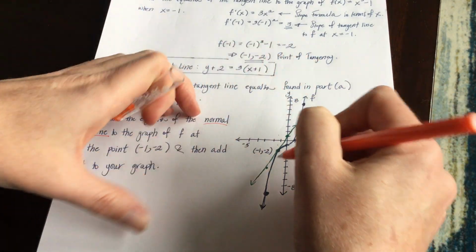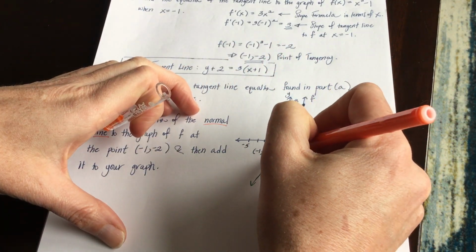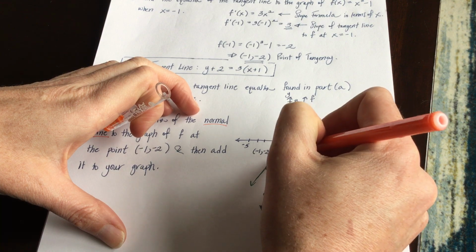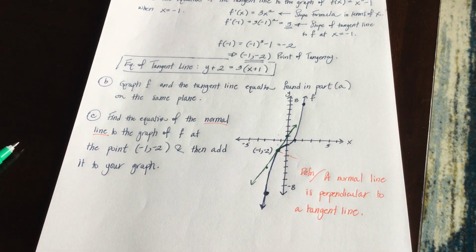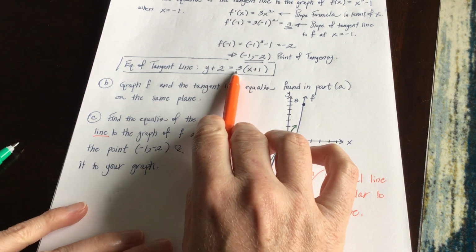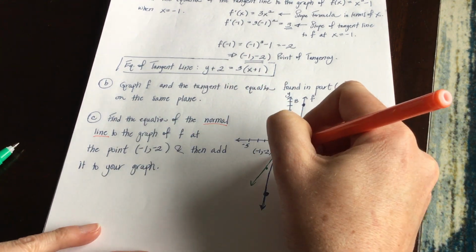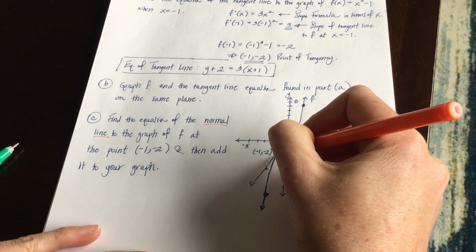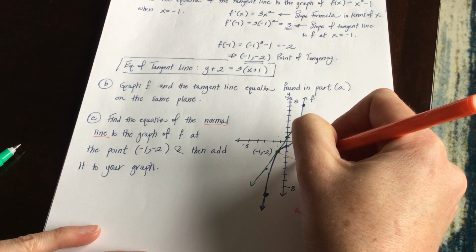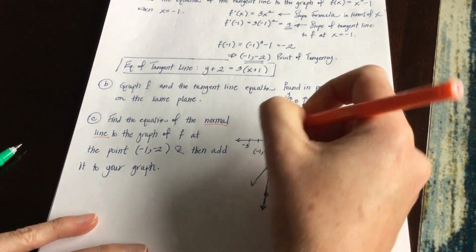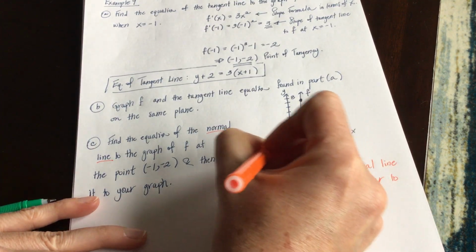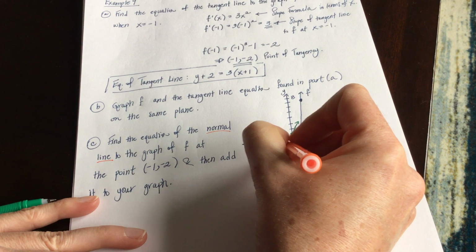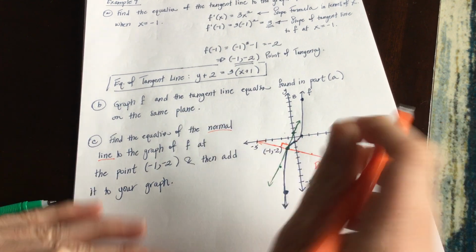I hope it makes sense: if the slope of one line is positive, then the slope of the line perpendicular to it goes down as it goes to the right when the other one goes up. So instead of a slope of 3, you'd have a slope of -1/3. So down 1 to the right 3, and then up 1 to the left 3, so that you have this right angle right here. So this orange one is the normal line.